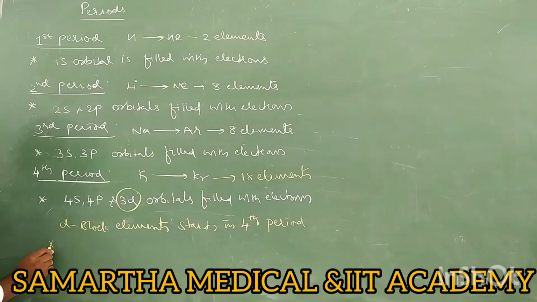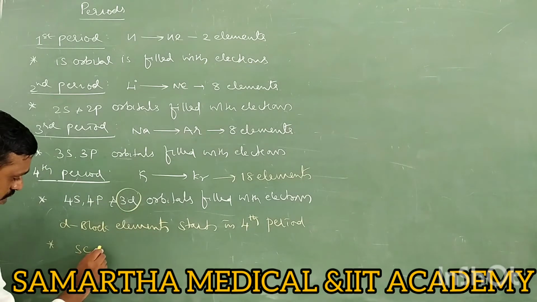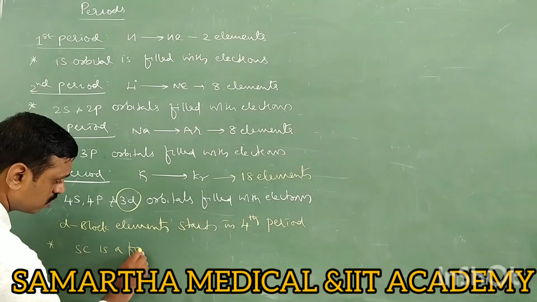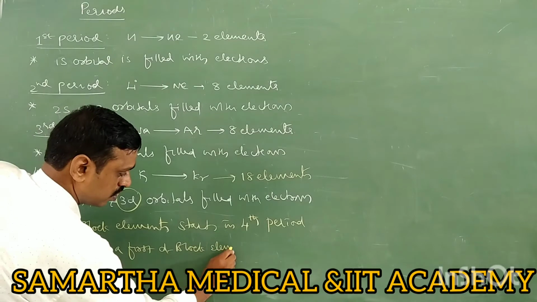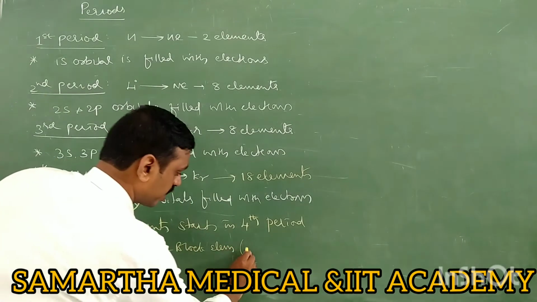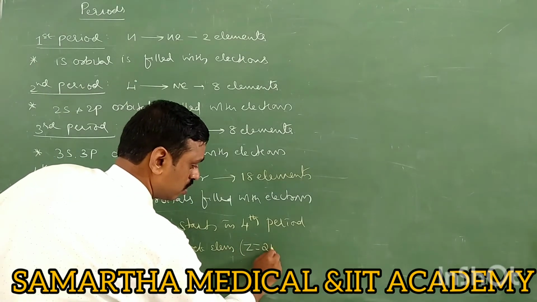Which is the first d block element in the fourth period? Scandium. Very good. Till calcium is s block, and scandium is 21. So scandium is the first d block element, whose atomic number Z equals 21.